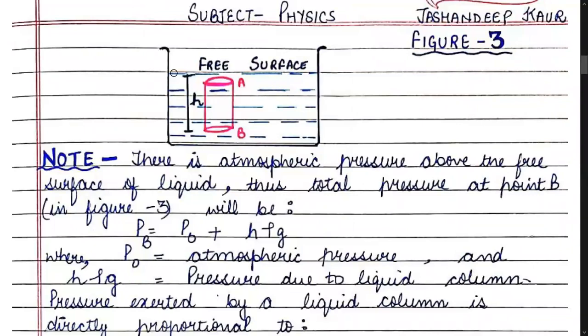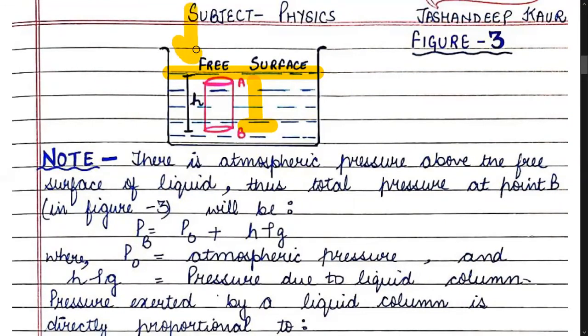So children, see figure number 3. You can see a free surface. So from this free surface, if you want to find the pressure at point B, what is the depth of B from free surface? It is equal to h. So the formula of pressure due to liquid column is P = h rho g.